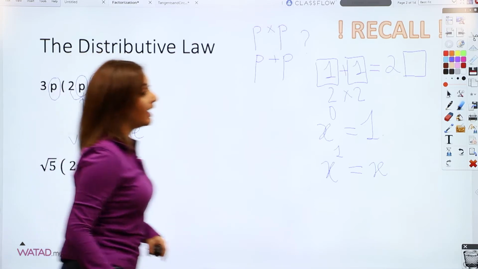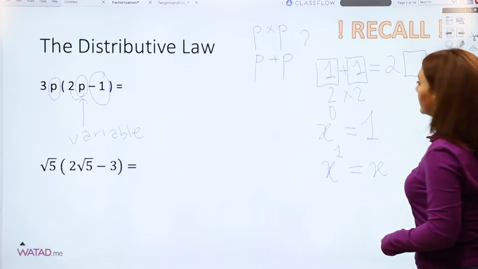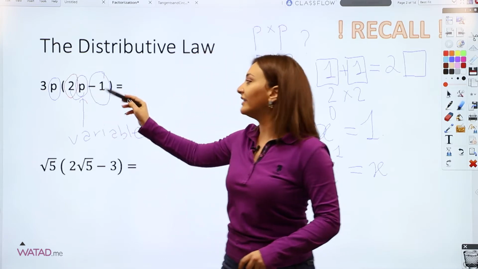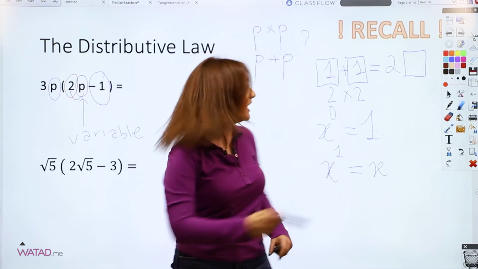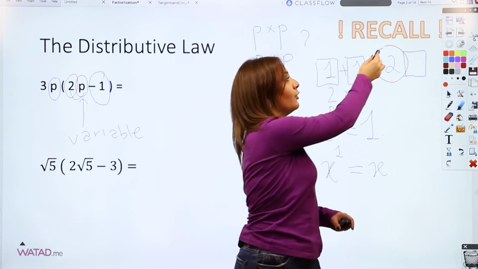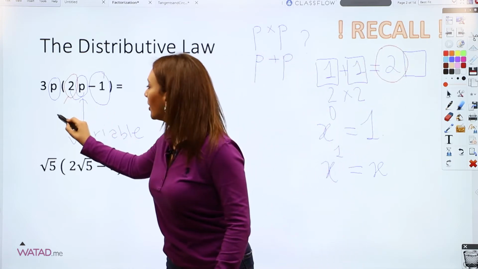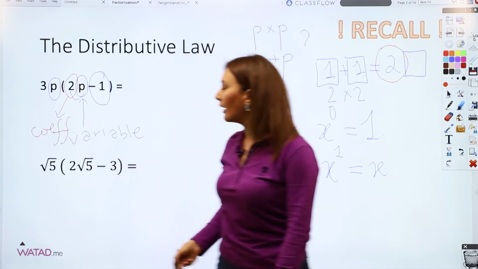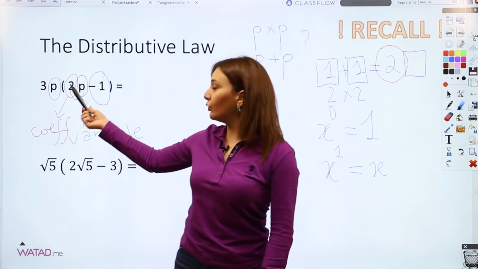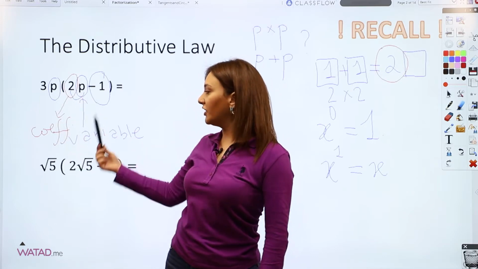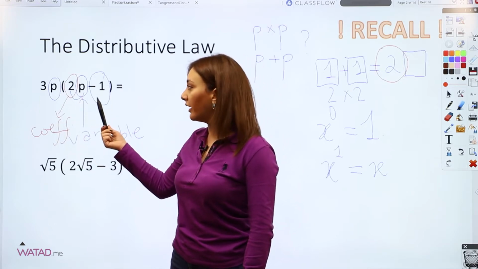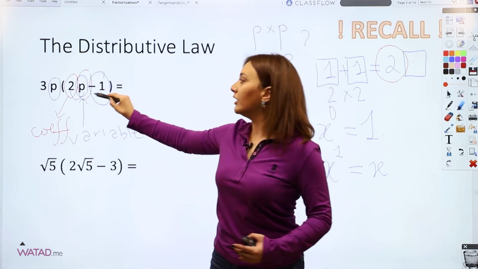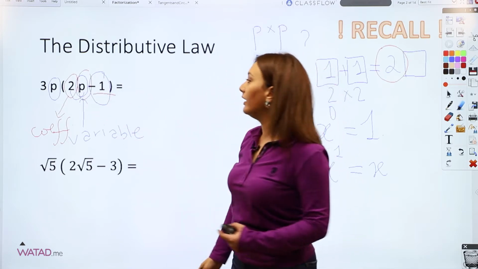Since p is a variable, the number that comes right in front of it, the number that counts how many boxes I have, is called the coefficient of this variable. So here I have 2p, where 2 is the coefficient of the variable p, minus 1. I can never add a variable to an integer.